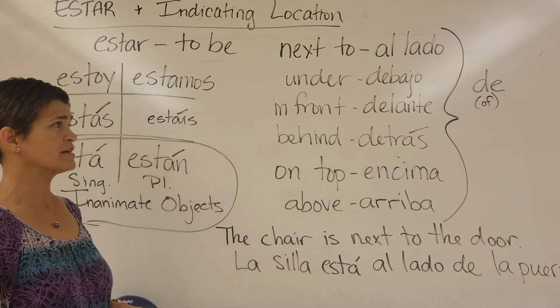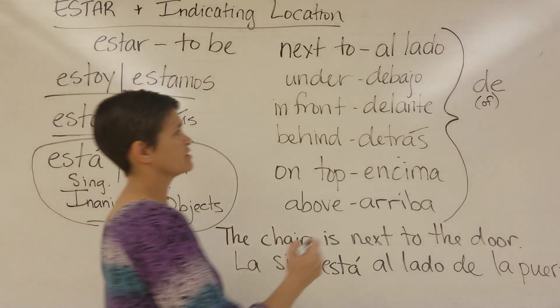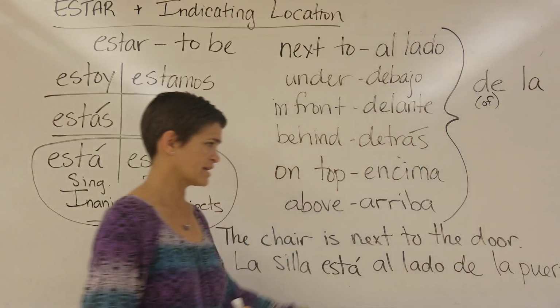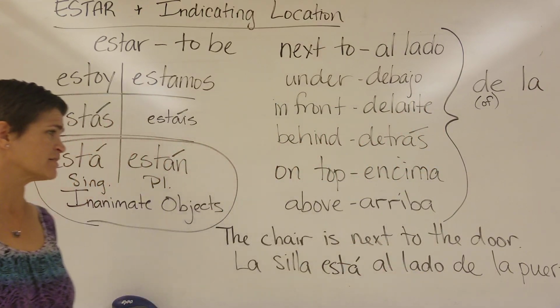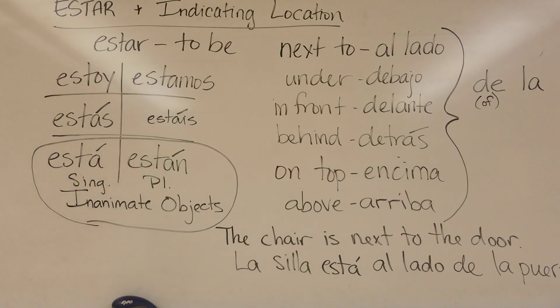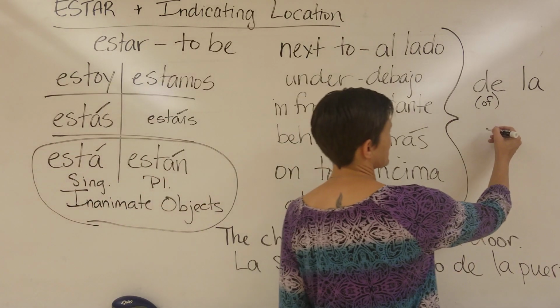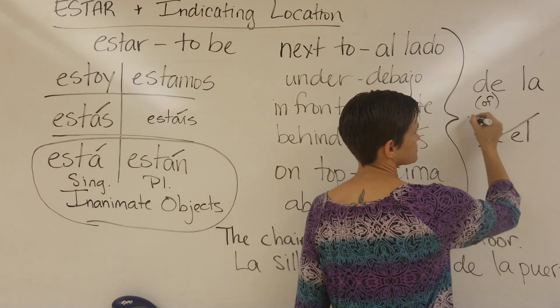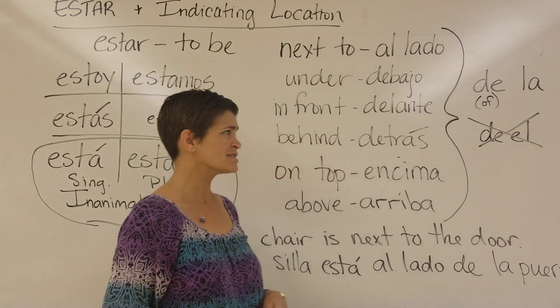Now there is one thing that's going to happen when we have de la, like this, where it's la puerta, then there's no issue and we just leave it de la. But if it's in front of something masculine, we cannot put de el, because it doesn't sound Spanishy.